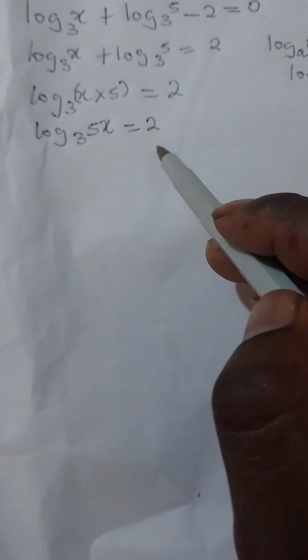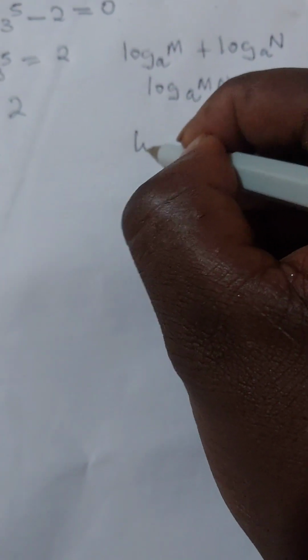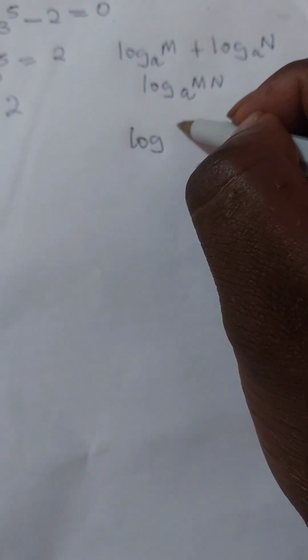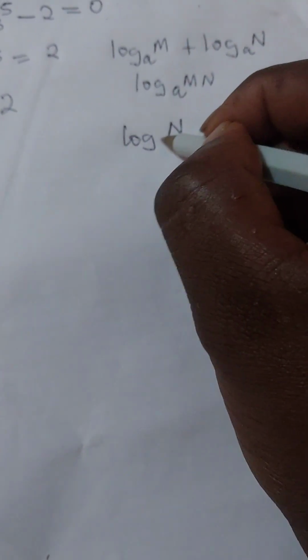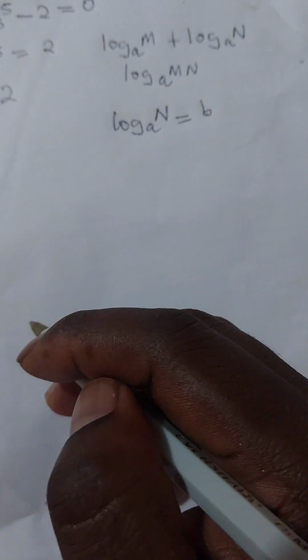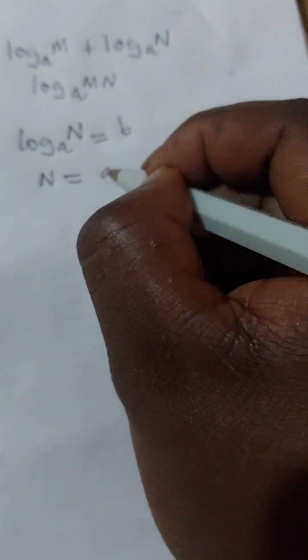So at this particular point now, we need to apply the theory of logarithms, which states that log n under base a, if it is equal to b, this is the same as n is equal to a to the power b.